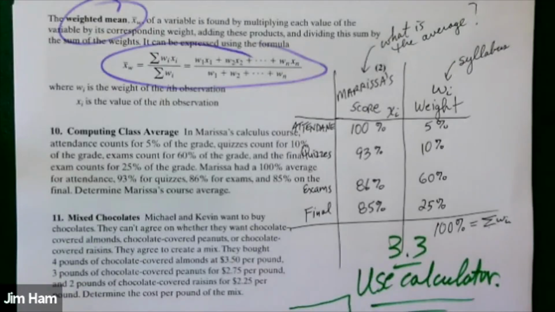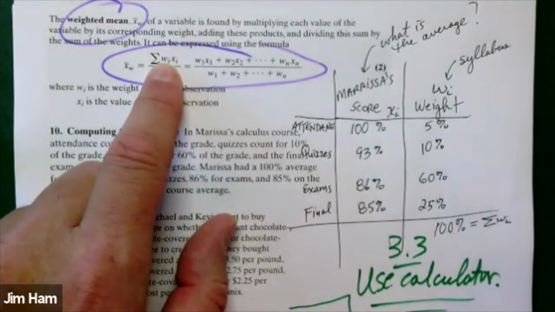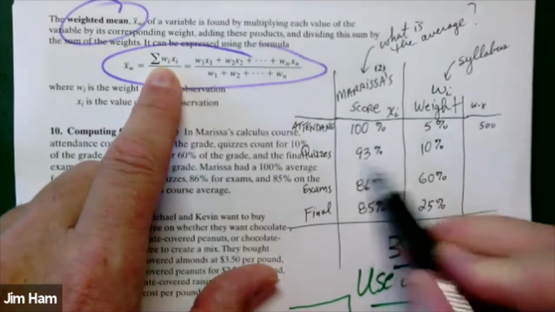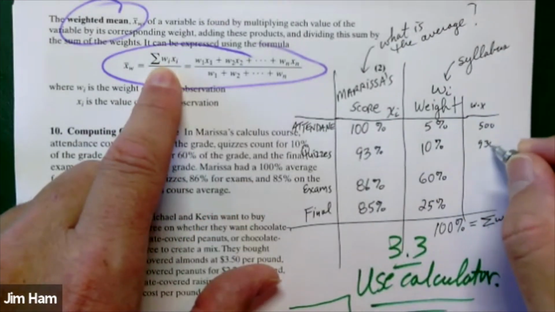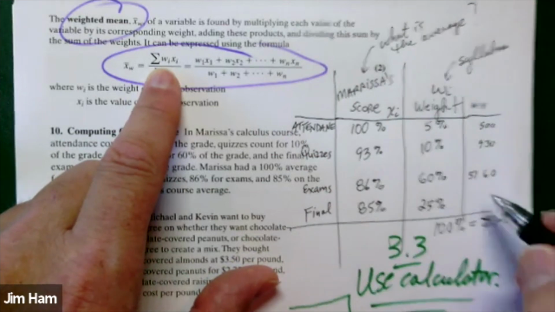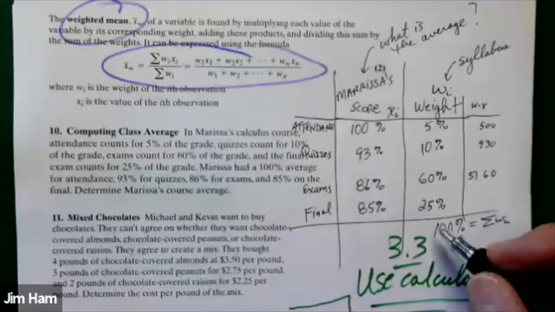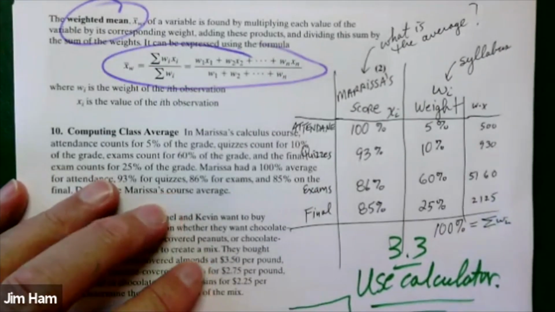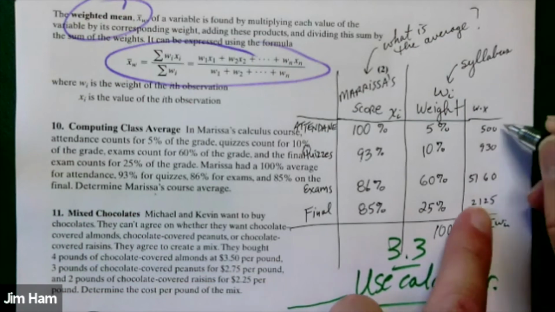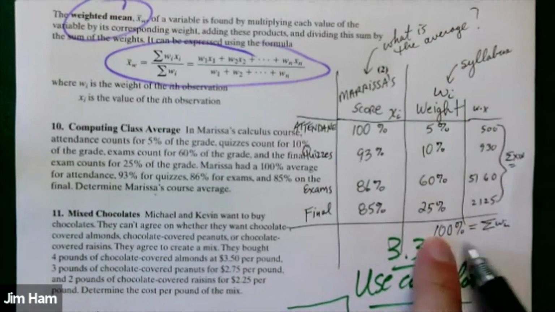According to the formula, what we would do is multiply these two numbers together, multiply those two numbers together, multiply those two numbers together, and multiply those together. What would that be? Something like that maybe. Then we would sum all those up, and then we would divide by the 100.